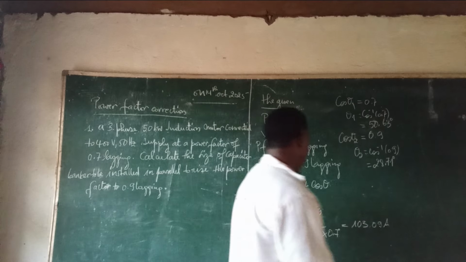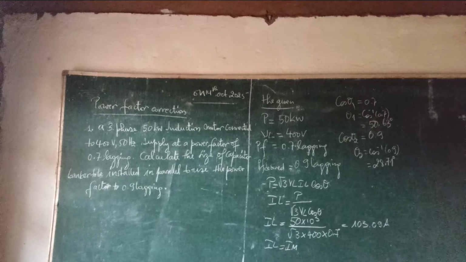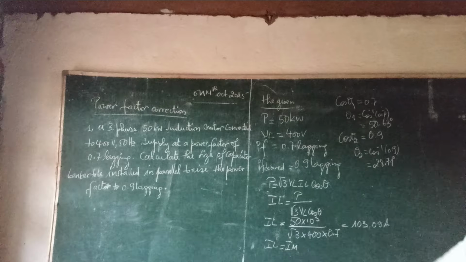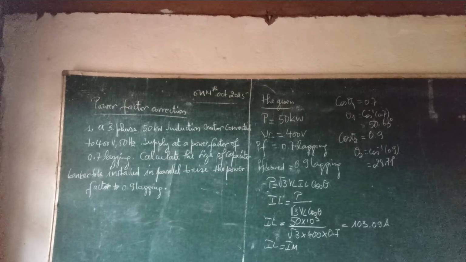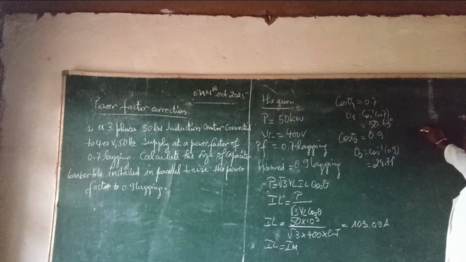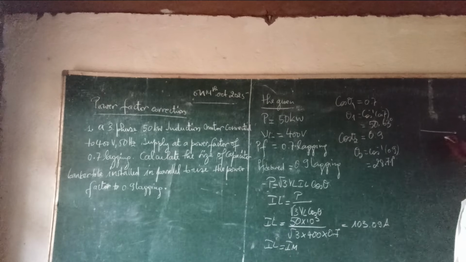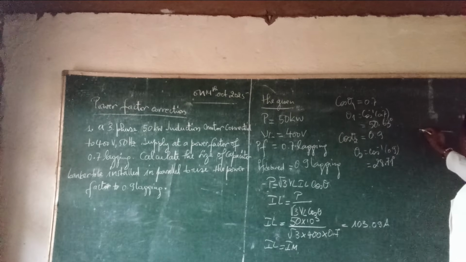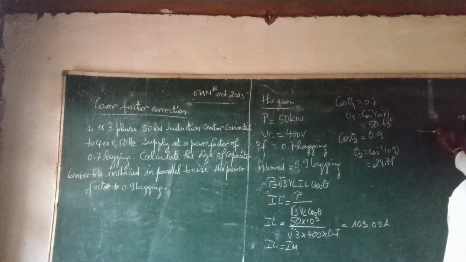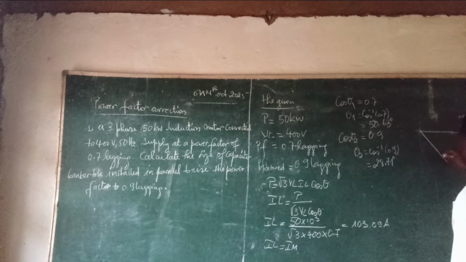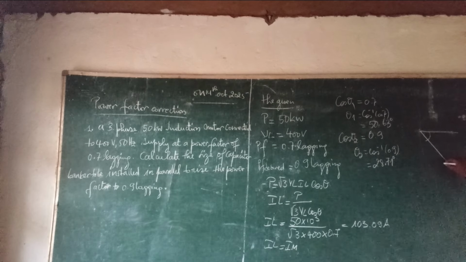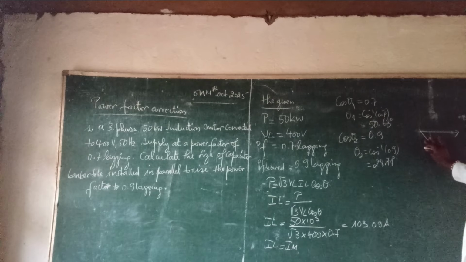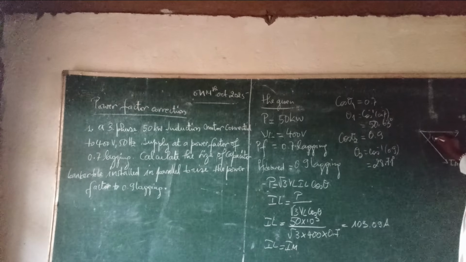Let's use the phasor diagram to find the current that the capacitor will consume. From the phasor diagram, we have the current I_M with an angle theta 1.